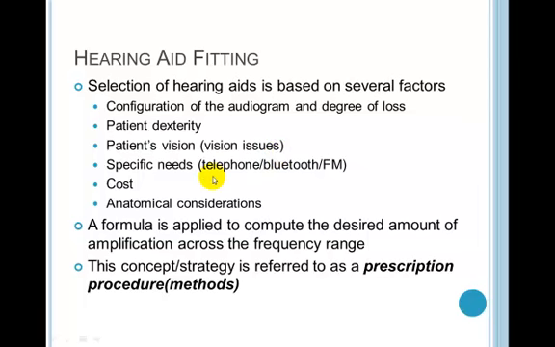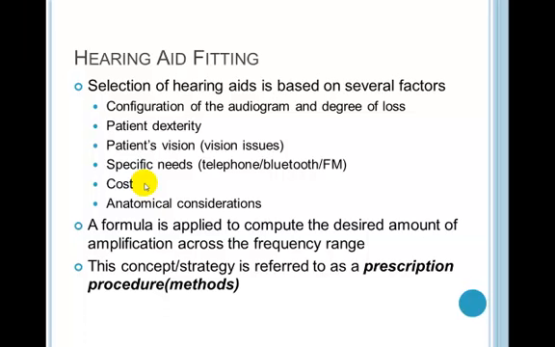Also, specific needs such as a telephone program, Bluetooth connectivity, FM compatibility if they're going to be using an FM system. We also know in the hearing aid fitting process, cost is an issue, correct? Because most major insurers do not cover or even pay a portion for adults. We're talking about adult hearing aid users.